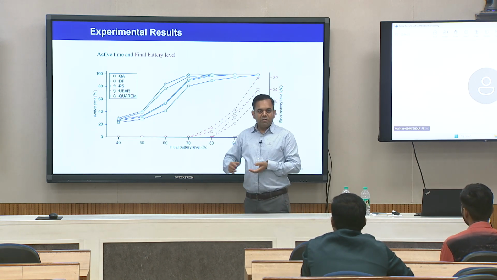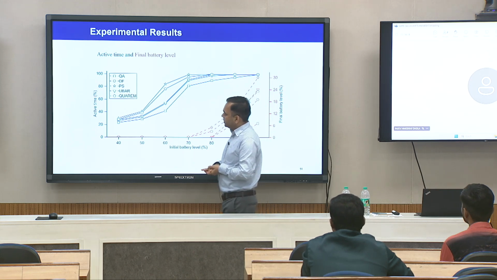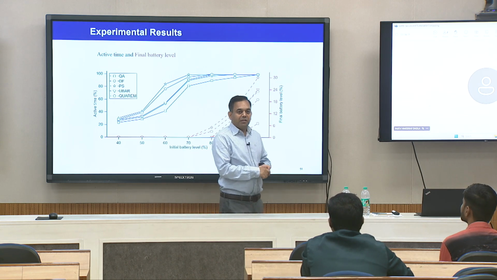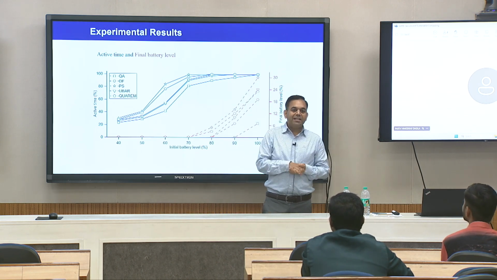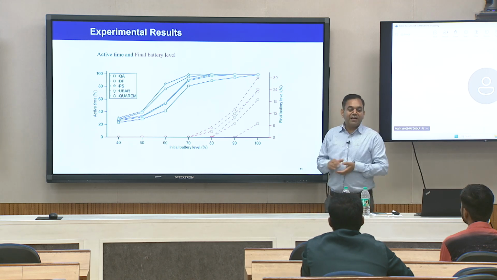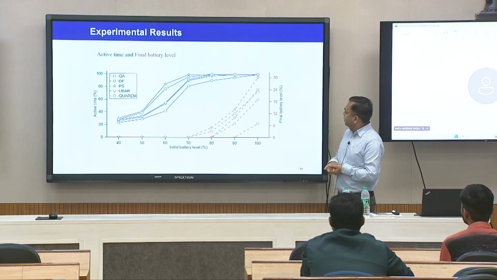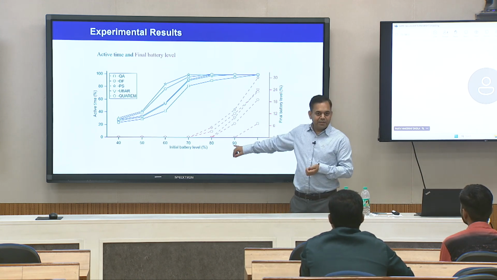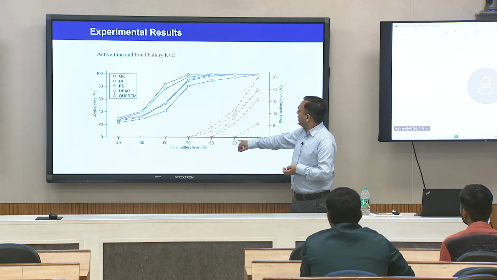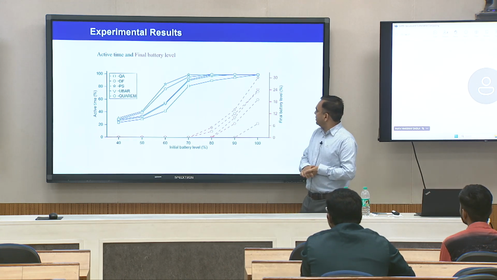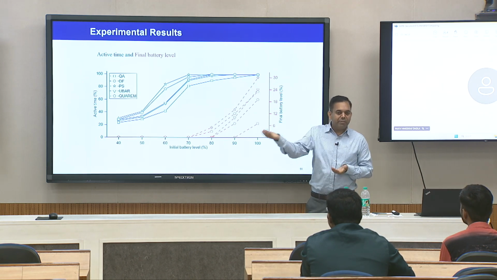The phones you have, different people are going to use in different ways, right. So we are measuring active time, like until what time you can be active. Another thing we looked at is final battery level. You can see if you are starting at maybe 90% initially, at the end of the day with different approaches you will still be left with some battery.